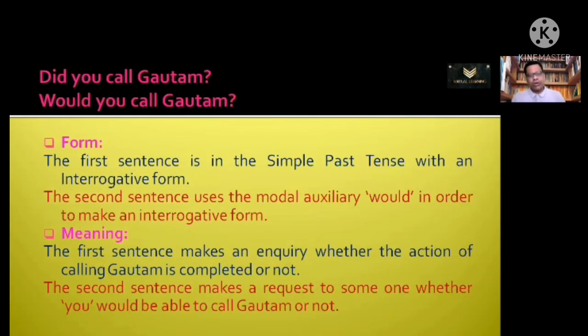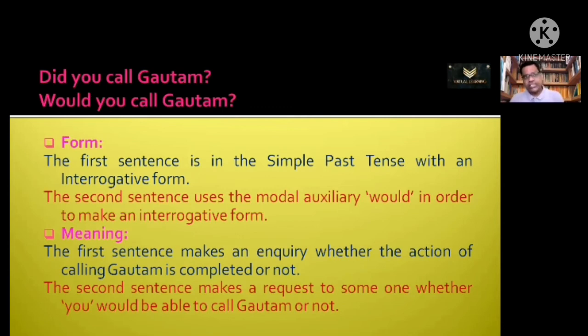Now you have one more pair on your screen. Did you call Gautam? Second sentence. Would you call Gautam? The moment you had a glance at these two sentences, immediately you might have understood that both the sentences are in interrogative form, because both the sentences are asking questions.